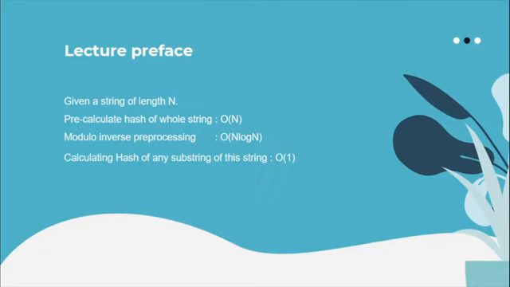You can't just go every time and calculate the hash value of that substring, because that would result in TLE if you use the normal rolling hash method. In this lecture, we'll see how you can calculate the hash value of that substring in constant time, so that the overall time for q queries would be q times 1, that is q.